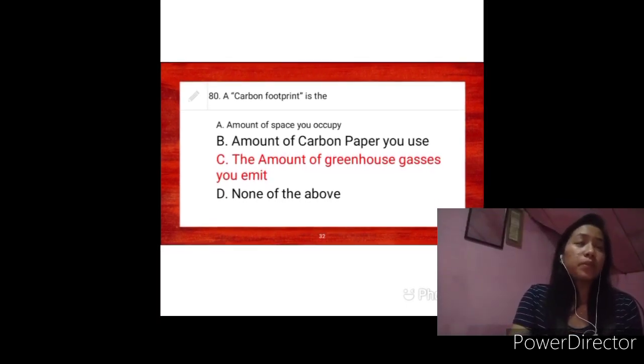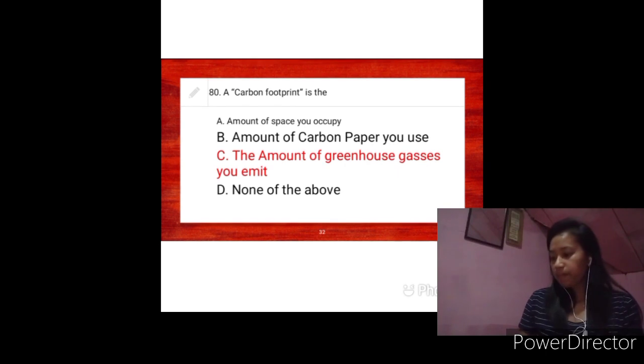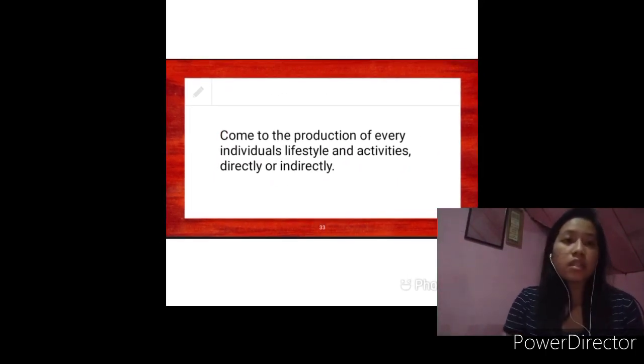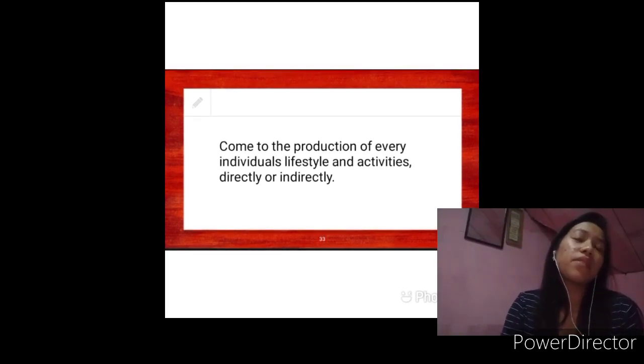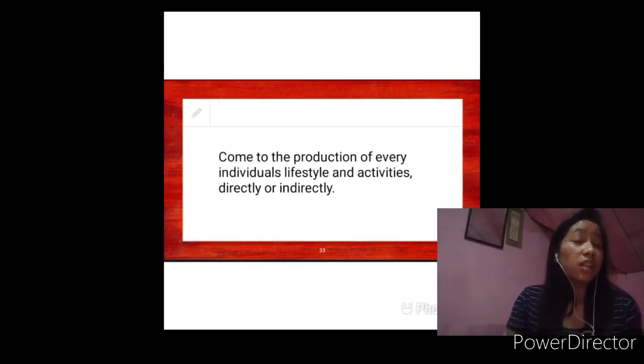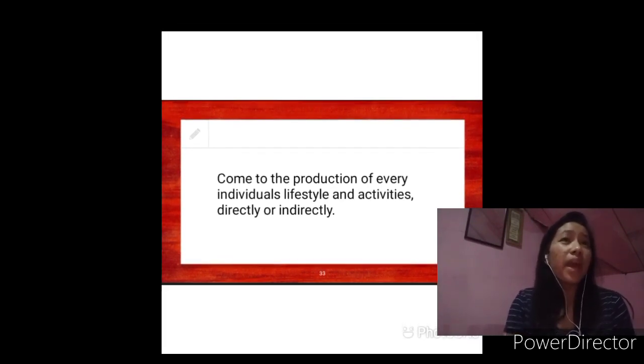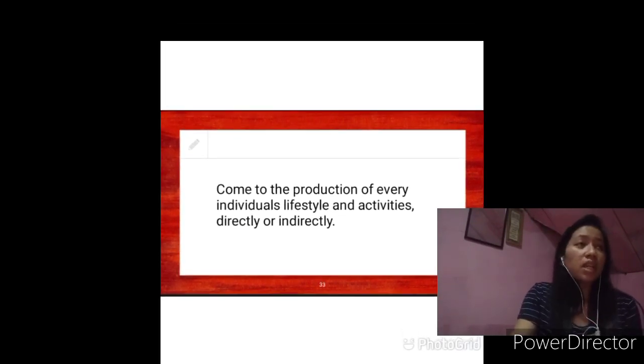because a carbon footprint is the activities that you keep on doing as a lifestyle, and it supports your everyday living.